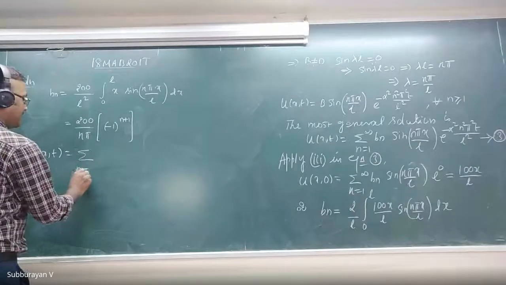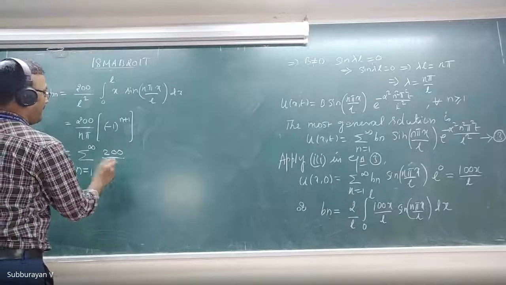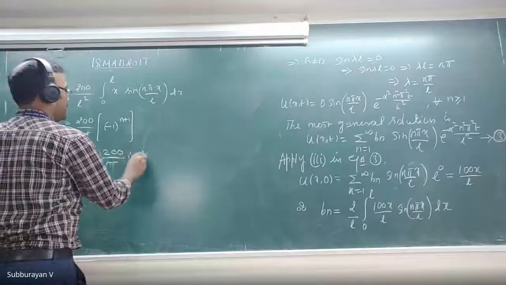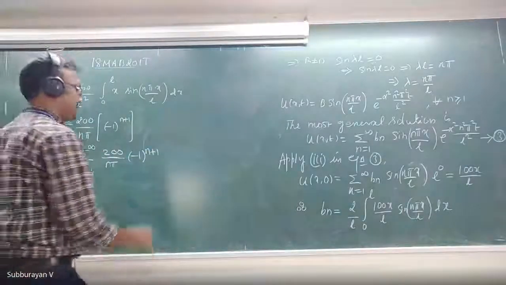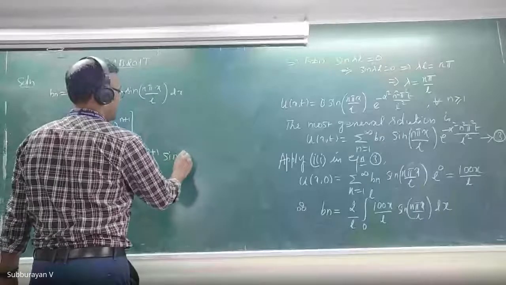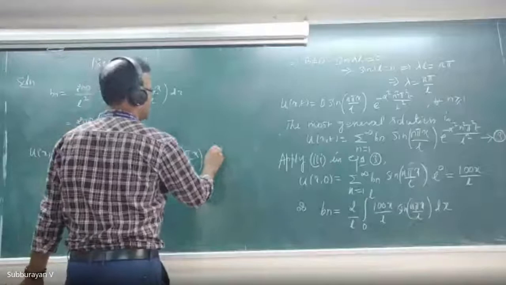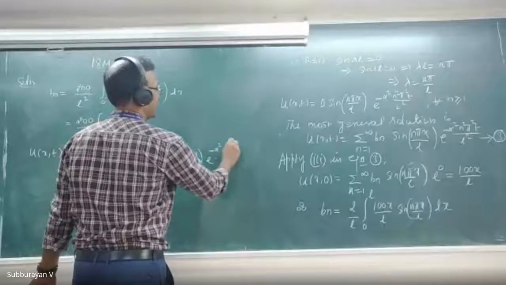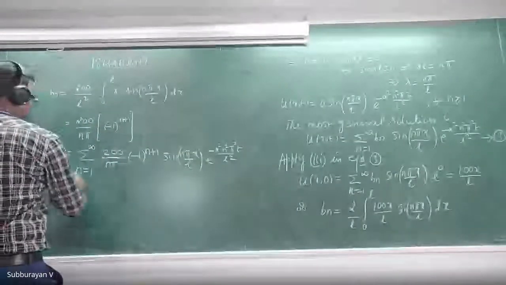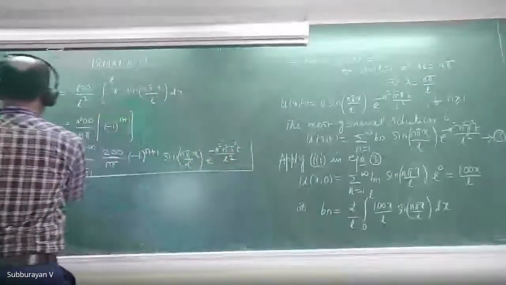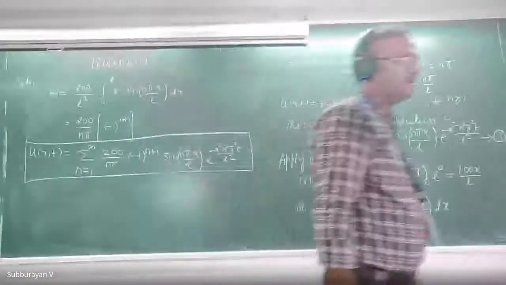Summation n equal to 1 to infinity, 200 upon n pi into minus 1 whole power n plus 1, sin n pi x divided by L into e raised to minus alpha square n square pi square t divided by L square. So this is the required series solution for the above problem.